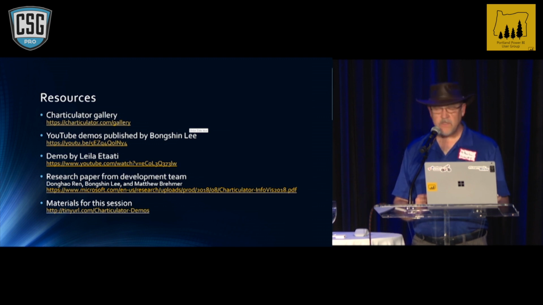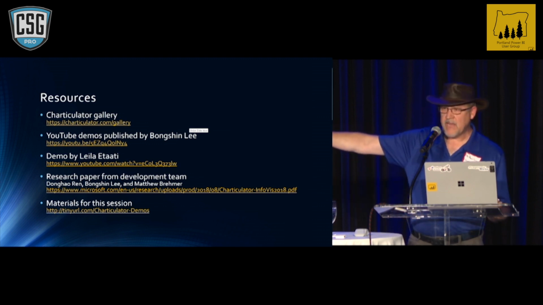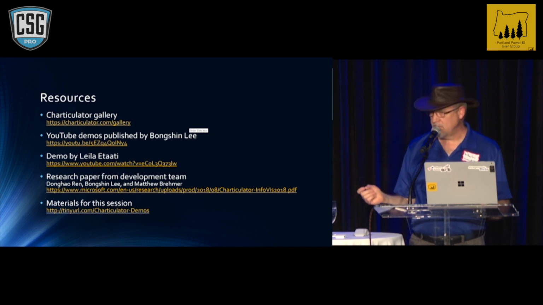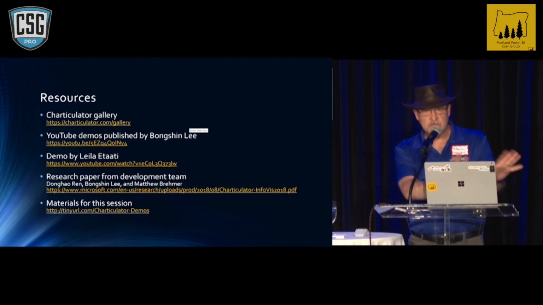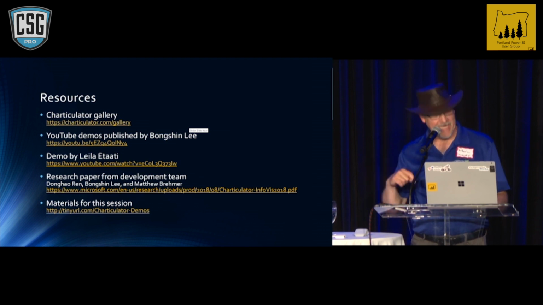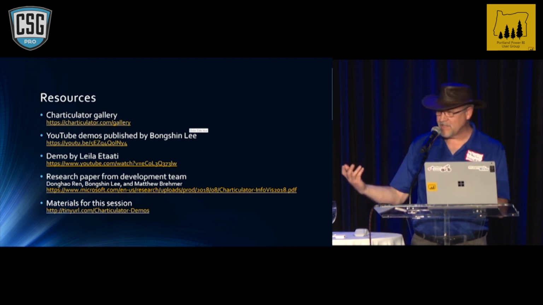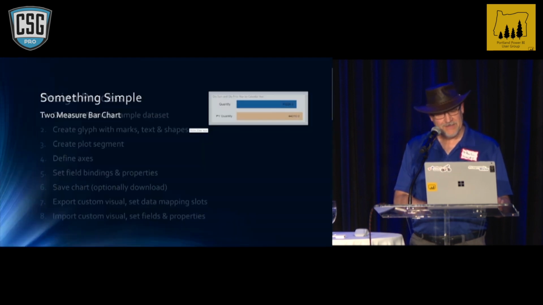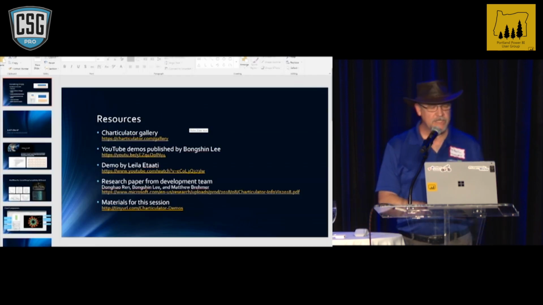But if you'll go to that tiny URL address at the very bottom, tinyurl.com/Charticulator-demos, that will take you to a OneDrive folder that has all the stuff I'm going to be using, which again includes this PowerPoint deck. So I know it's kind of a catch-22. You have to have the address to be able to get to it. So once you have the address, you'll be able to find all of this stuff, which includes the deck, that includes the address.